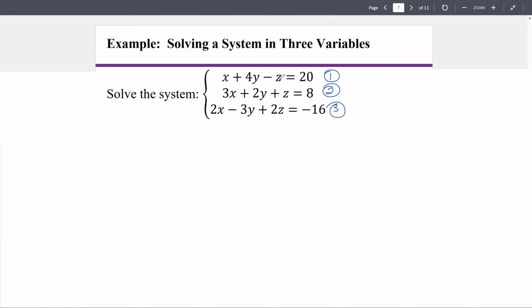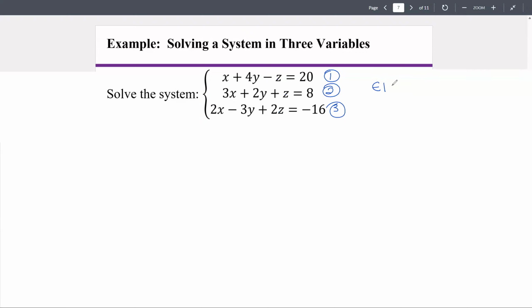So since I have a negative z, a positive z, and a 2z, all I have to do here is multiply by a -1 or a 2, and I can start eliminating z's. Like I said, you could pick any variable. It's just my thought process here.